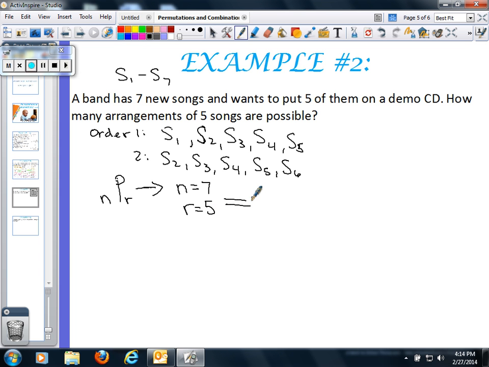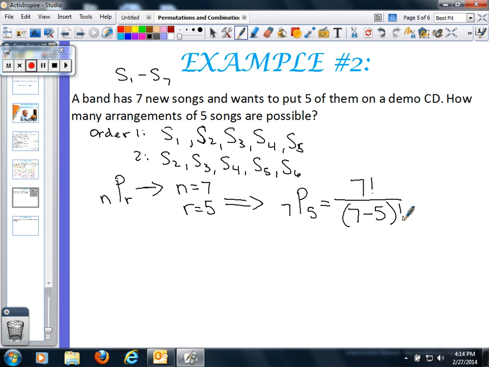So now I'm going to plug it into the formula, which is 7P5 equals n factorial, so that's 7 factorial, over n minus r factorial underneath. So this is going to be n, which is 7, minus r, which is 5, factorial.